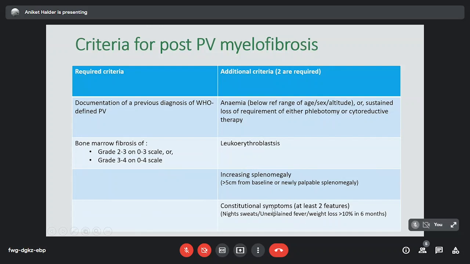Among the constitutional symptoms, at least 2 features should be present, which include night sweats, unexplained fever, and weight loss of more than 10% in the last 6 months. So, presence of these 2 required criteria along with 2 of the 4 additional criteria will help us diagnose a case of post-polycythemia vera myelofibrosis.